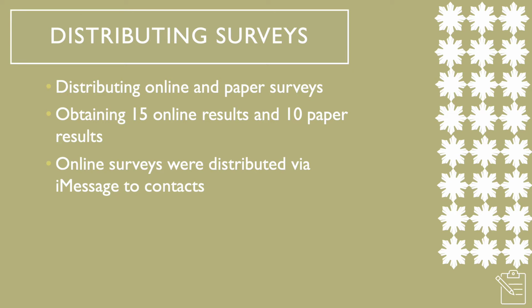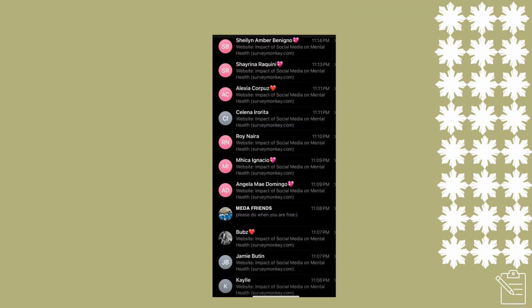After doing all of that, you would want to actually distribute your surveys online and on paper. For this project, we had to obtain about 15 online results and 10 paper results. For the online results, it was distributed via iMessage to my contacts. This is a screenshot of the messages that I sent out to my contacts.